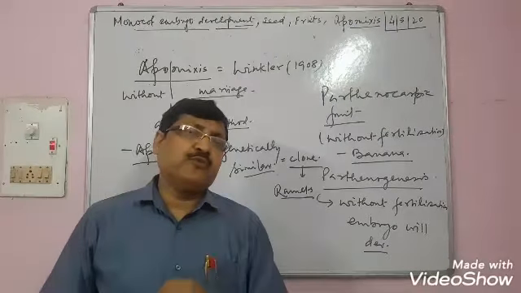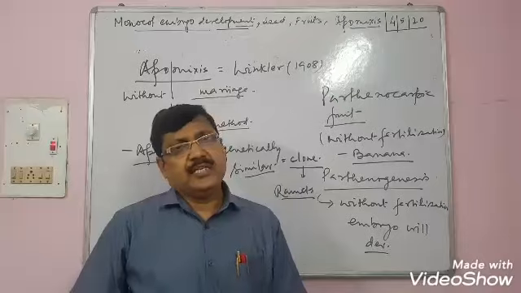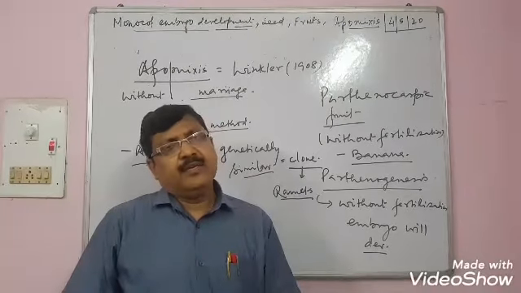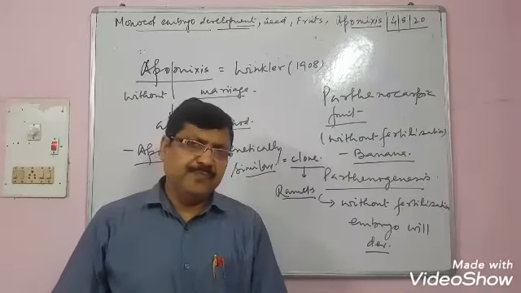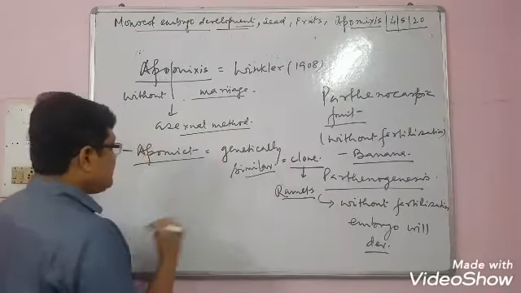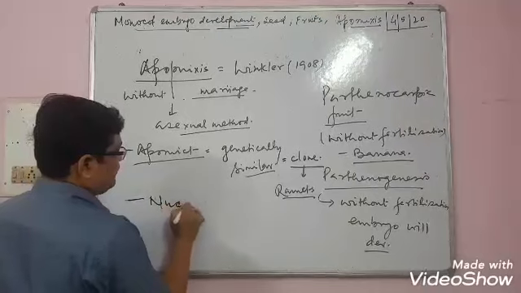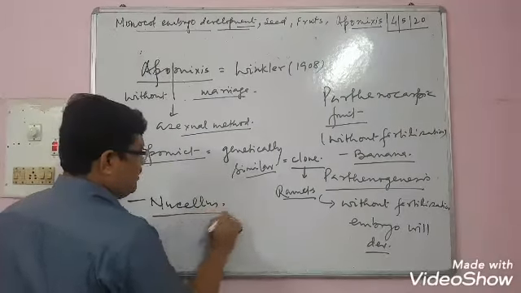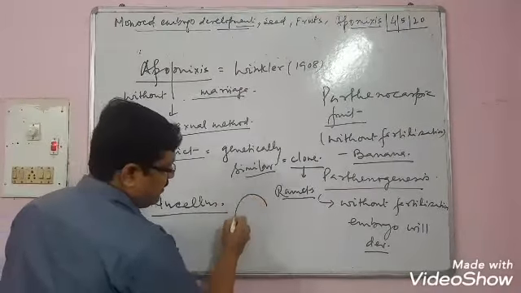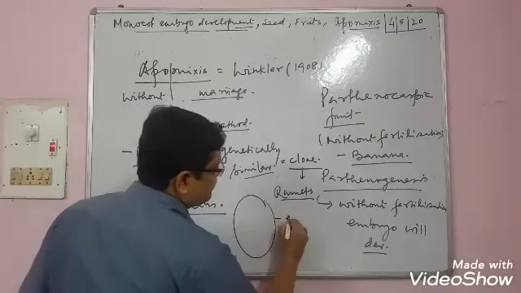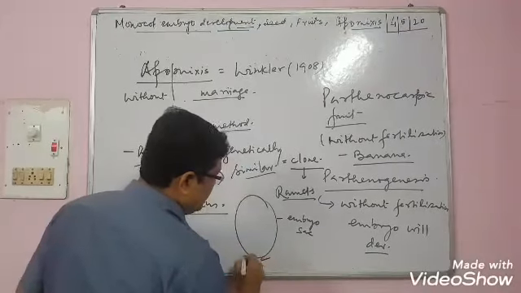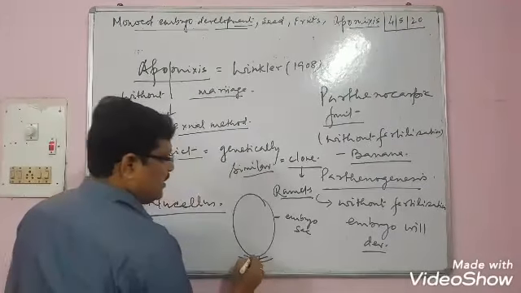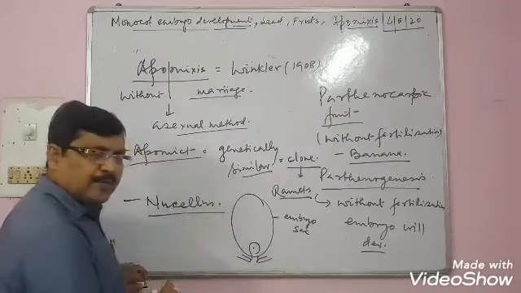It may be obtained from the diploid sporophytic cells, which develop or are treated as zygote. It may be nucellus. Suppose in this embryo sac, here is the zygote.